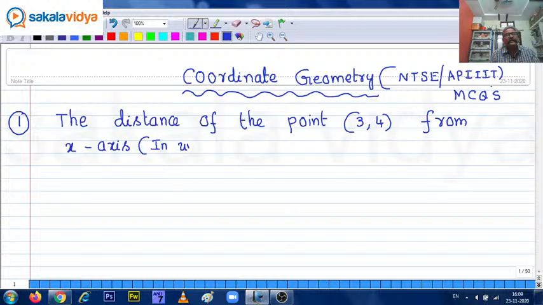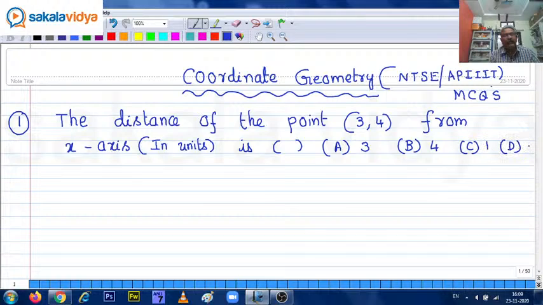Distance is measured in units, that means it may be centimeters or meters; generally we say units. The distance of the point 3, 4 from x-axis in units is: option A 3, option B 4, option C 1, option D 7.